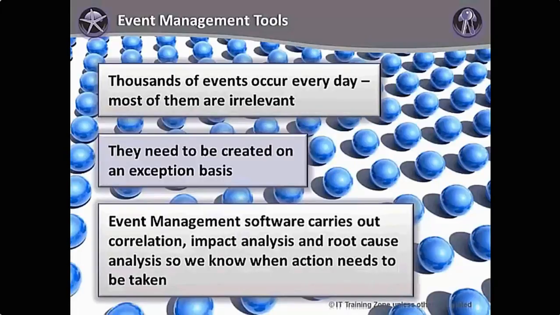As you can imagine, thousands of events may occur every day, and most of them are irrelevant. They need to be created on an exception basis. Specialized event management software is used to perform event correlation, impact analysis, and root cause analysis. This will make sure we can identify when action needs to be taken.